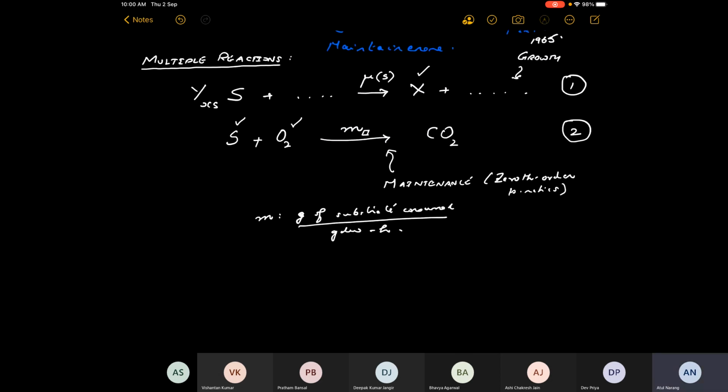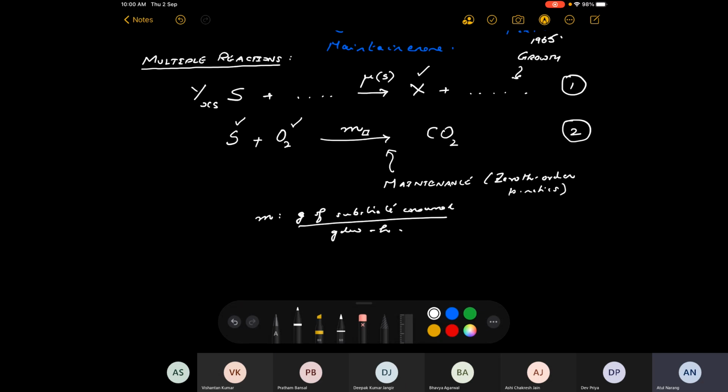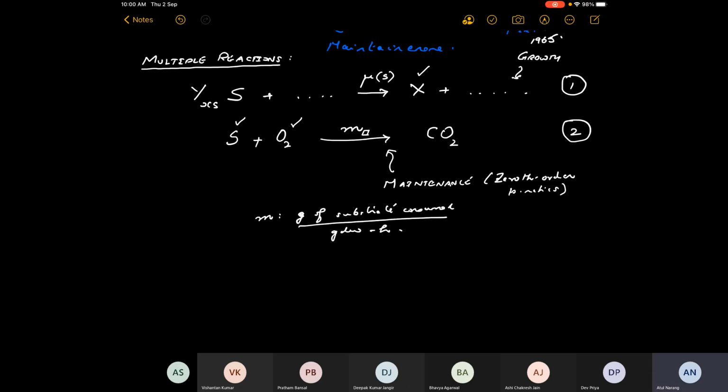So now, let's proceed further. What is the specific substrate uptake rate in this new model?